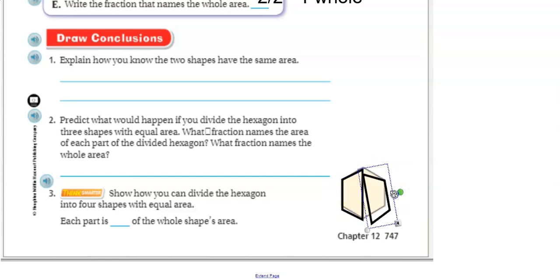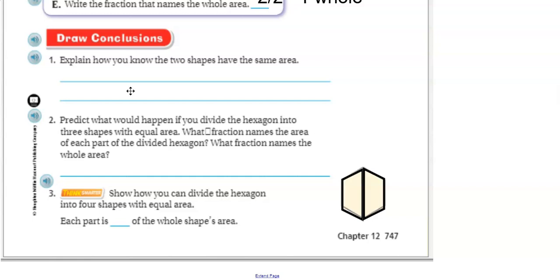Take this guy and twirl him around. And move him right there. You can see they're the same area inside. So you could say I can cover the area with the two trapezoids. I made two trapezoids and I covered them and I put them over top of the hexagon. They are the same shape and the same size.